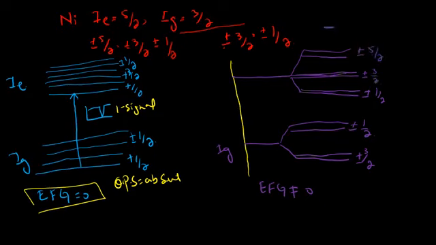Now the transition rule or selection rule, you know, is delta equal to 0 or plus minus 1.